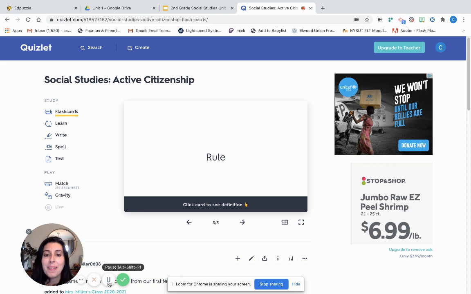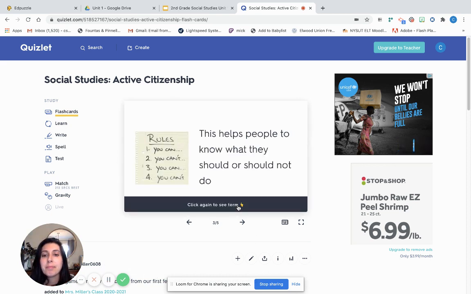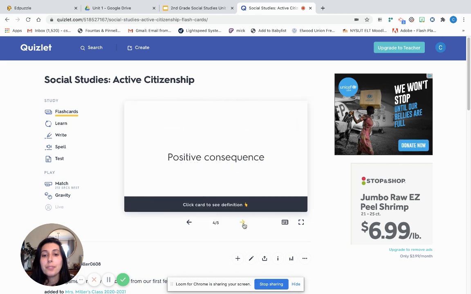Time's up. Eyes up here. Let's see how you do with this one. So a rule helps people to know what they should or should not do.